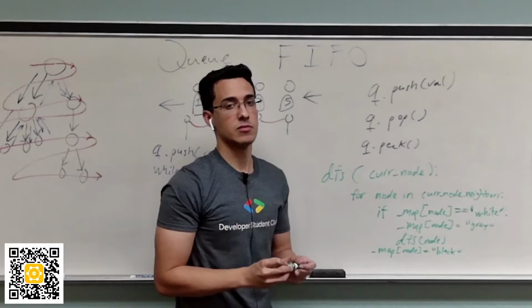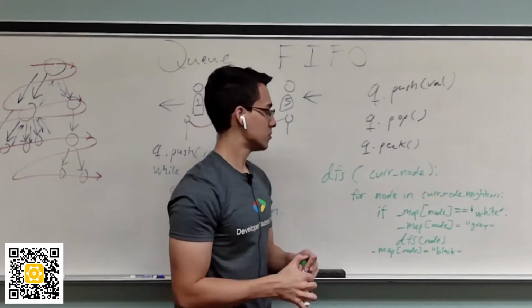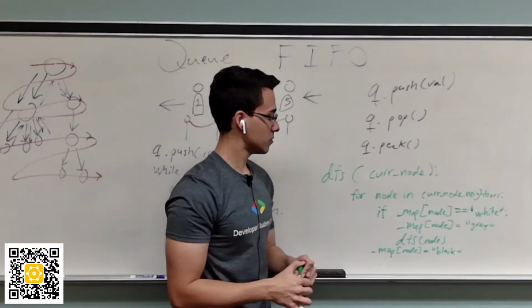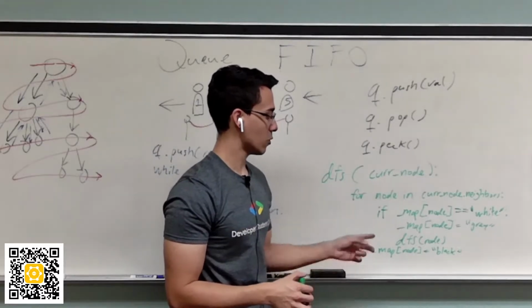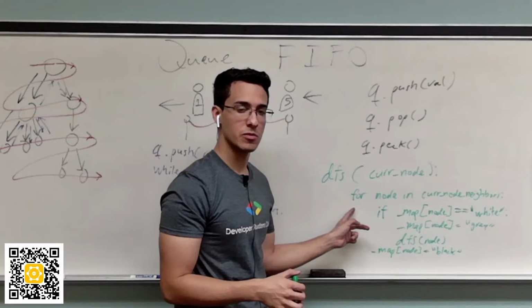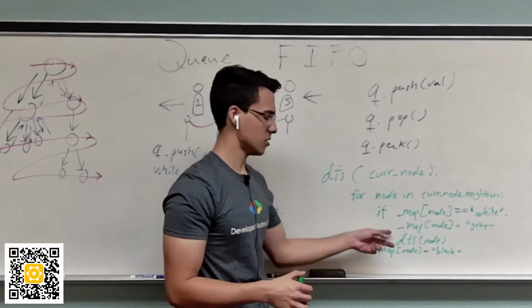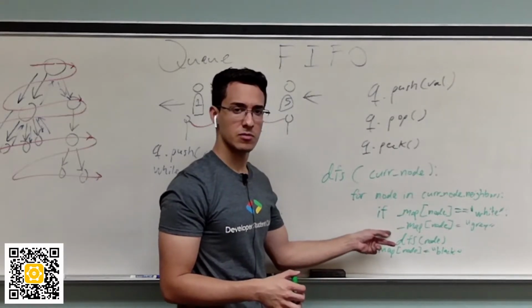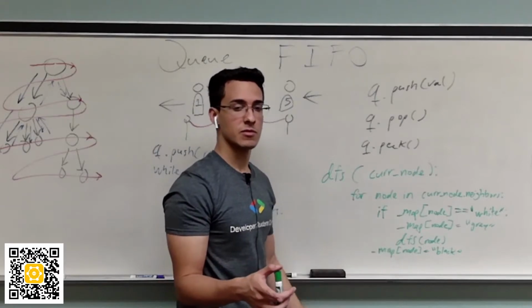Then wouldn't it be inside the if statement? Because if it does point back to itself, it will change from gray to black, but you might still be processing its children. So wait, would it go outside the for loop? No, inside the if statement. Are you sure? Oh no, it's outside the for loop. Yes.